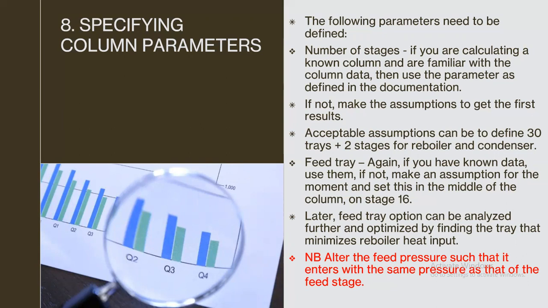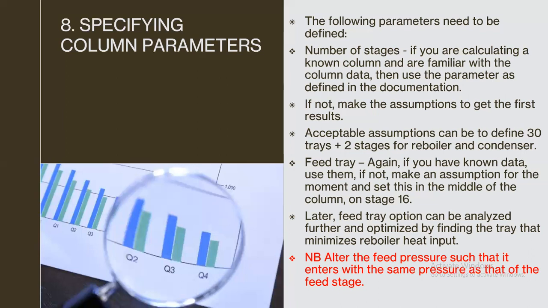Later, the feed tray option can be analyzed further and optimized by finding the tray that minimizes the boiler heat input. I won't do it in this presentation, but the next presentation will be on how to optimize your converged distillation column.